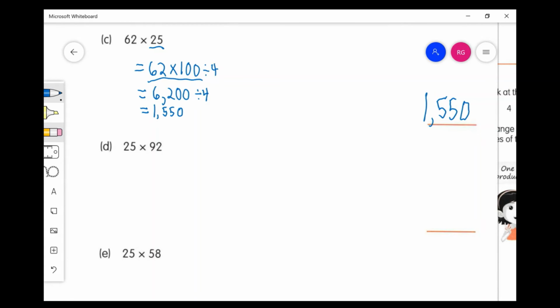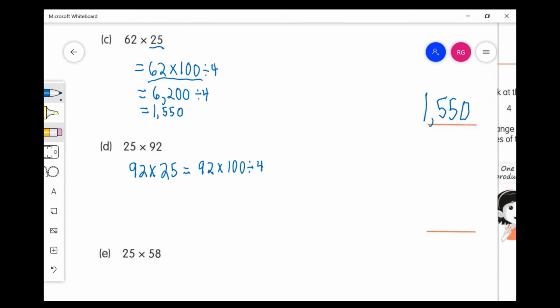Okay, so how should we do this one? Well, we can think of this as 92 times 25 first. So we can switch the order so it kind of looks a little bit different. So let's just say this is 92 times 25, and now it looks just like the last problem. And I'm going to break that down into 92 times 100 divided by 4.